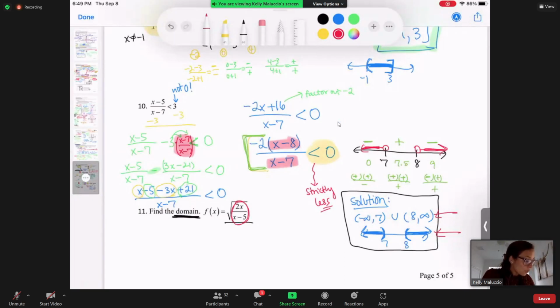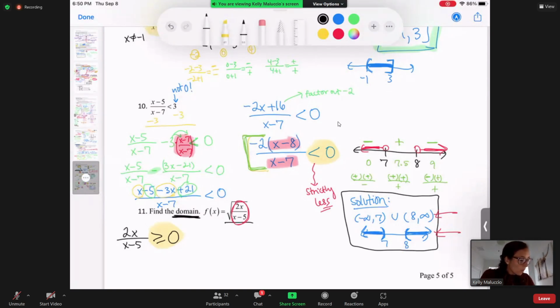So now I have a new problem, right? And I'm going to write this problem out. I have 2x over x minus 5. I want it to be greater than or equal to 0. So now I already have 0, good to go, and I have greater than or equal to, right? Because I know that in a square root, we can't have negative numbers. Okay.